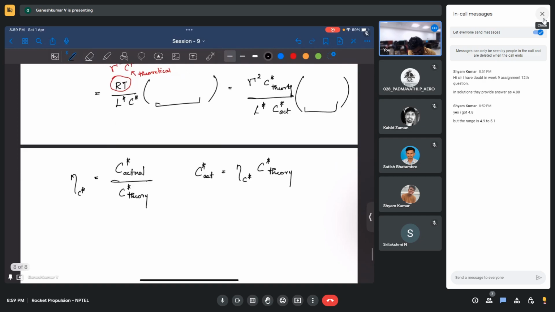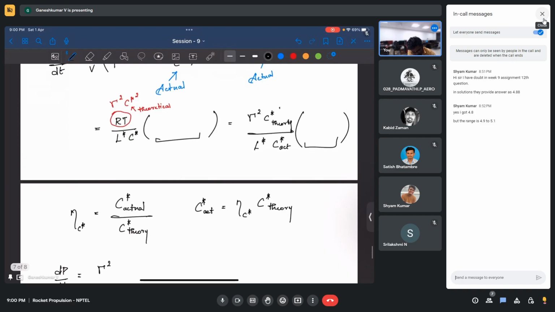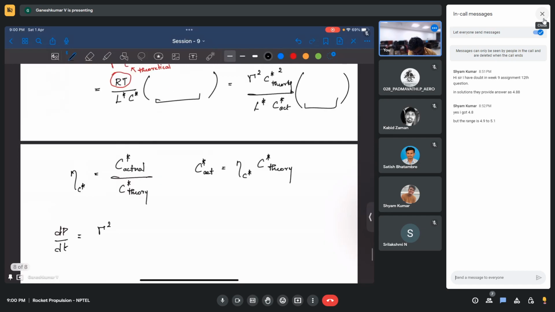If you substitute it there, you get dp by dt equals gamma square C star theory gets cancelled, so there is a gamma square here. So it is going to be gamma square C star theory divided by L star into efficiency of C star.